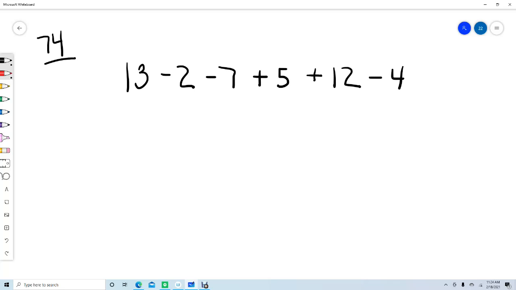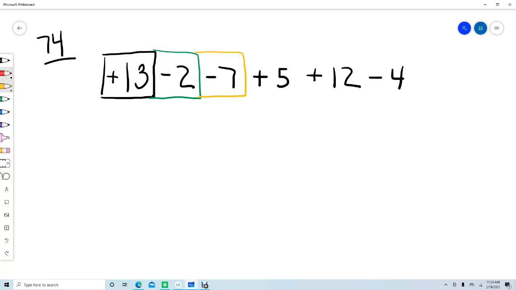All right, except for our 13, I'm going to add a little plus sign in front of it. If you take each of these numbers with the arithmetic symbol directly in front of it, and kind of box them all separately with the sign that's directly in front of it, you can take each of these numbers and separate them out.